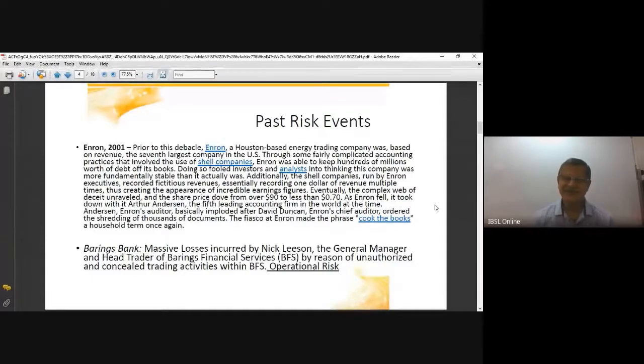So these shell companies, through various dealings, had some losses which they didn't report to their head office. They were kept in suspense accounts. As a result, Enron was showing profits because oil had been sold upfront at a price.